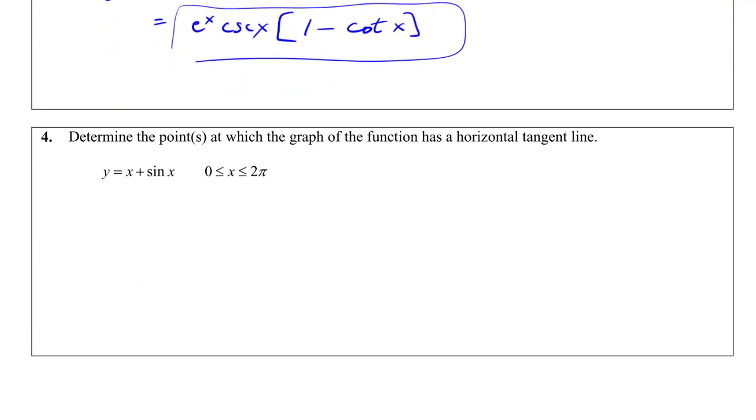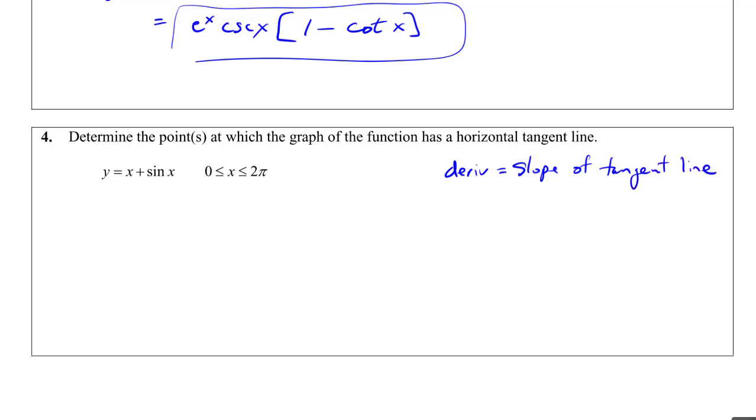Okay, I want to take a good look at this last one here because it has a lot of good information in it. Determine the point or points at which the graph of the function has a horizontal tangent line. We're given y equals x plus sine x on x between 0 and 2 pi. Here's the interesting thing. We've been focused on taking derivatives, but we can't forget that the derivative equals the slope of the tangent line.